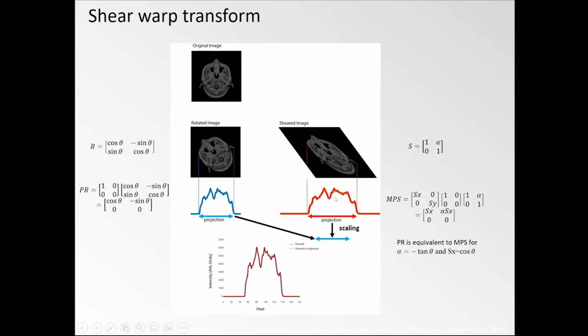Sounds very dry, I know, but it's still interesting that this holds true. Sure, if you rotate the image 90 degrees, you'd have to shear to infinity to get it. But for rotation angles below 90 degrees, you will practically always find an amount of shear that creates the same projection when you squish it.